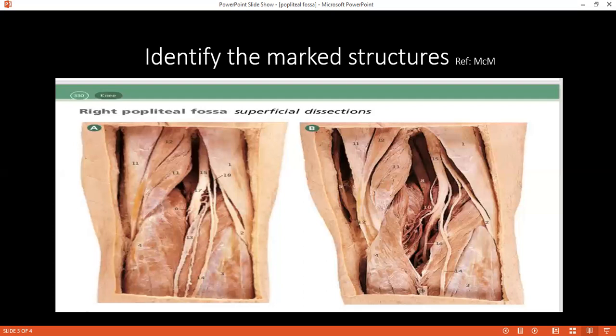Then it comes into the lateral compartment, the peroneal compartment, and supplies the muscles of the lateral compartment.